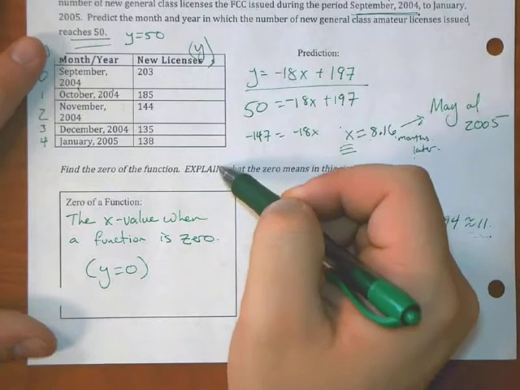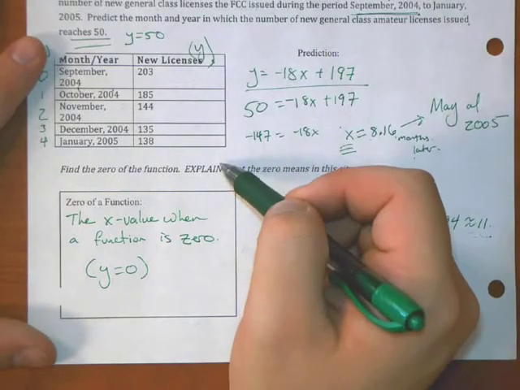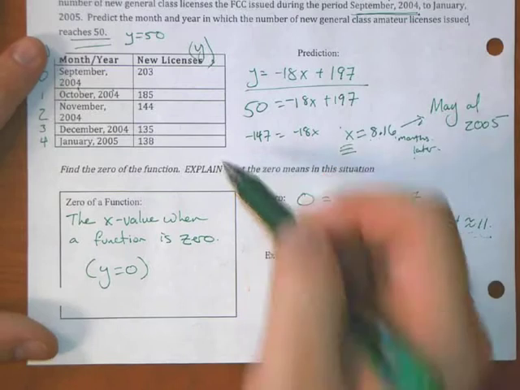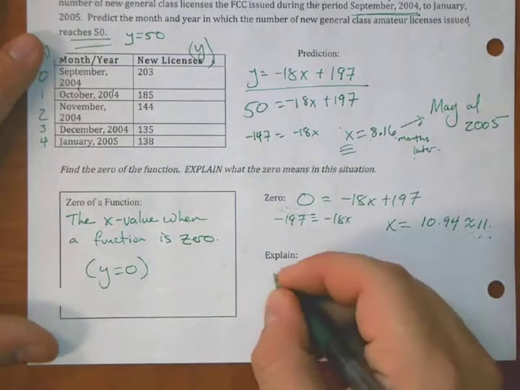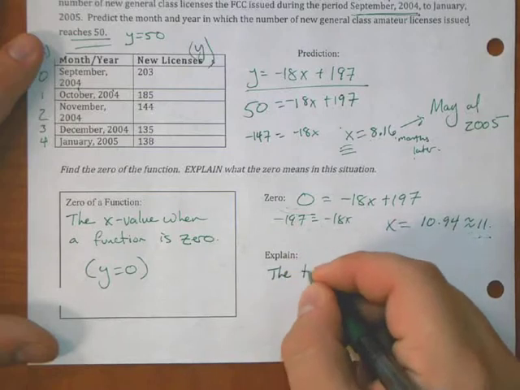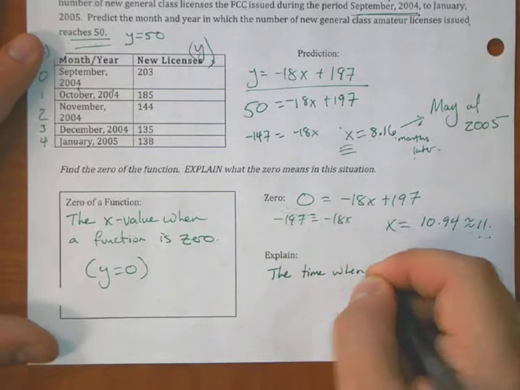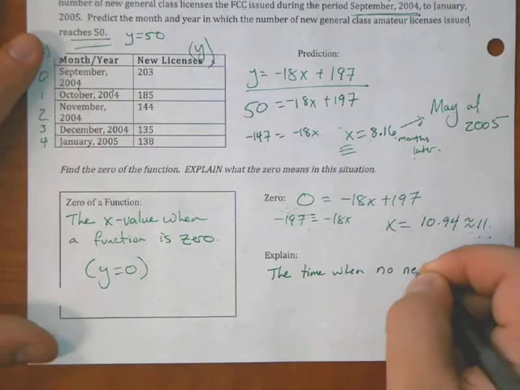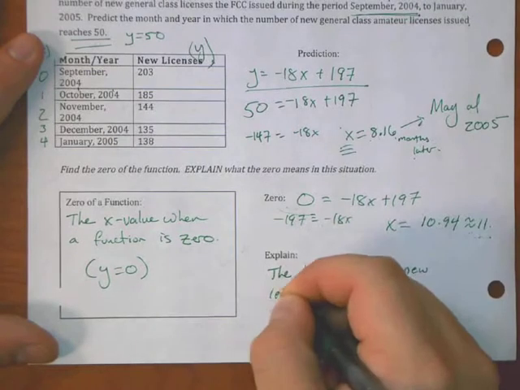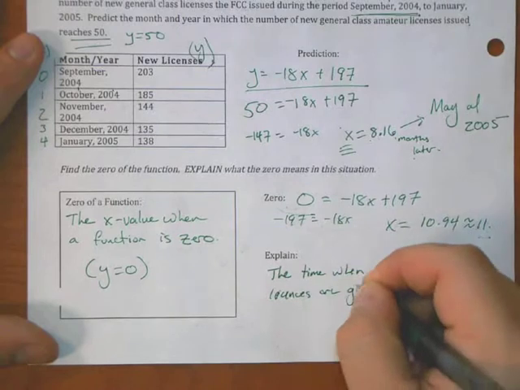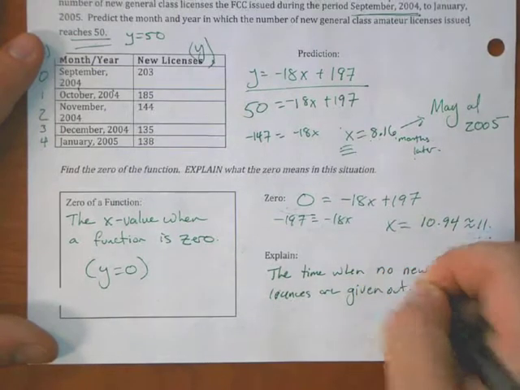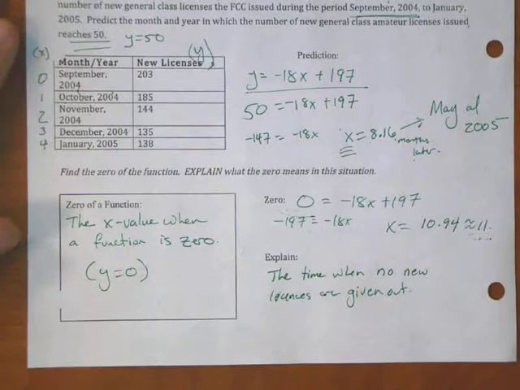Okay, so when y is 0, what does that mean? No more new licenses were put out. So the 0 of this function is the time when no new licenses are given out or issued.